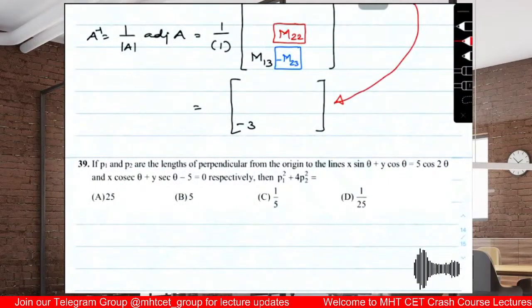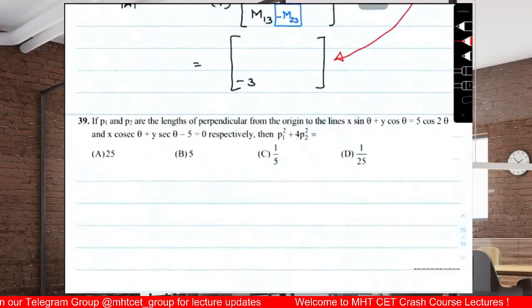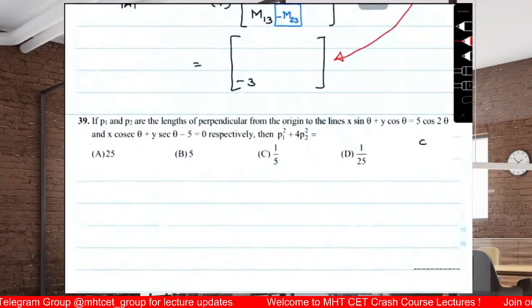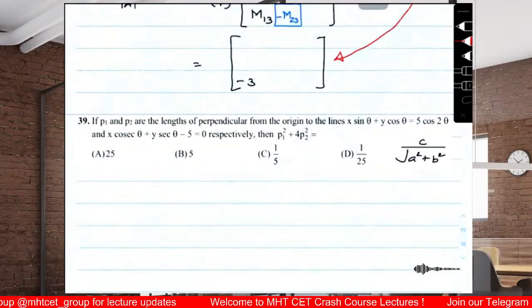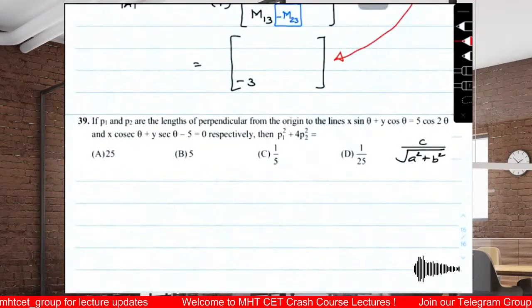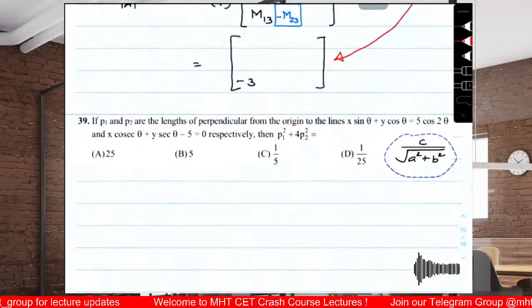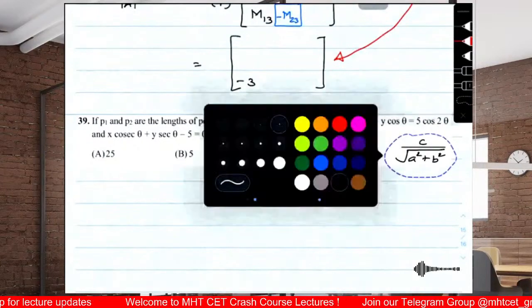Okay, now length of perpendicular from origin to the line क्या होता है? C divided by A square plus B square under root, right? This is length of perpendicular from origin to the line, if the line is AX plus BY plus C equal to 0, obviously.